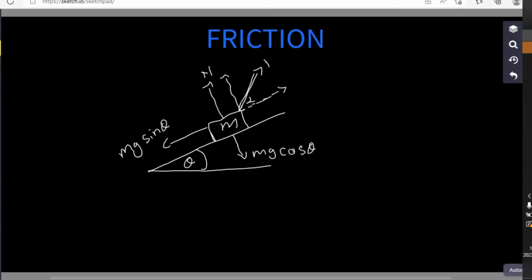Let's say it's force F. Using trig ratios, this we are going to get as F cos alpha, not theta, and then this we are going to get as F sine alpha.